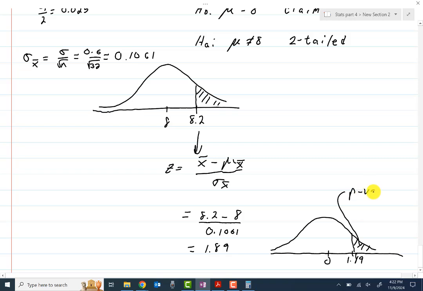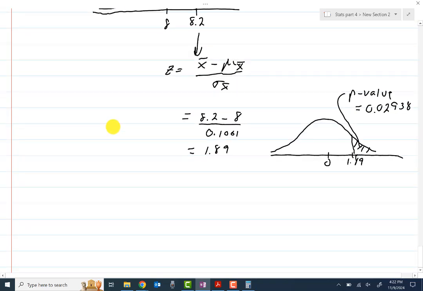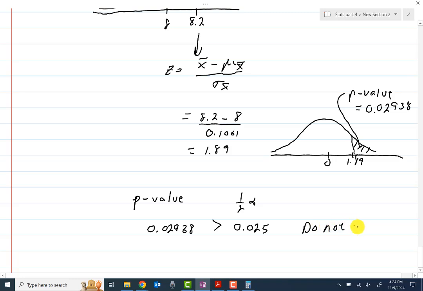The p-value that I got was equal to 0.02938. And so now let's compare the p-value with 1/2 of alpha. Since this is greater, do not reject H naught.